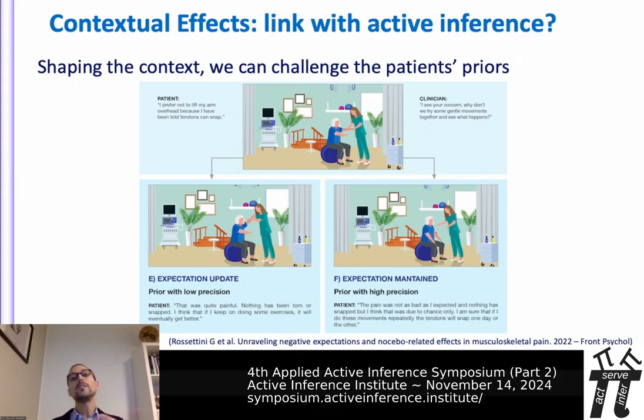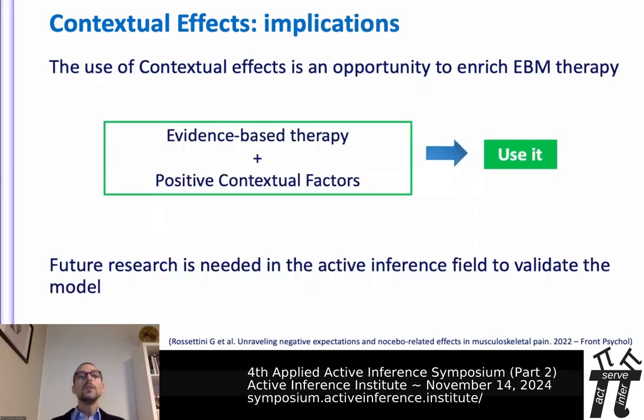For example, in this case, we have a patient with musculoskeletal pain who, during a clinical session, managed to lift their arm without any negative consequences to their shoulder, but still believes that lifting the arm will possibly lead the shoulder to break. Having a very precise prior, they might discard the positive evidence, for example the success in lifting the arm, which might be classified as an exception instead of the rule.